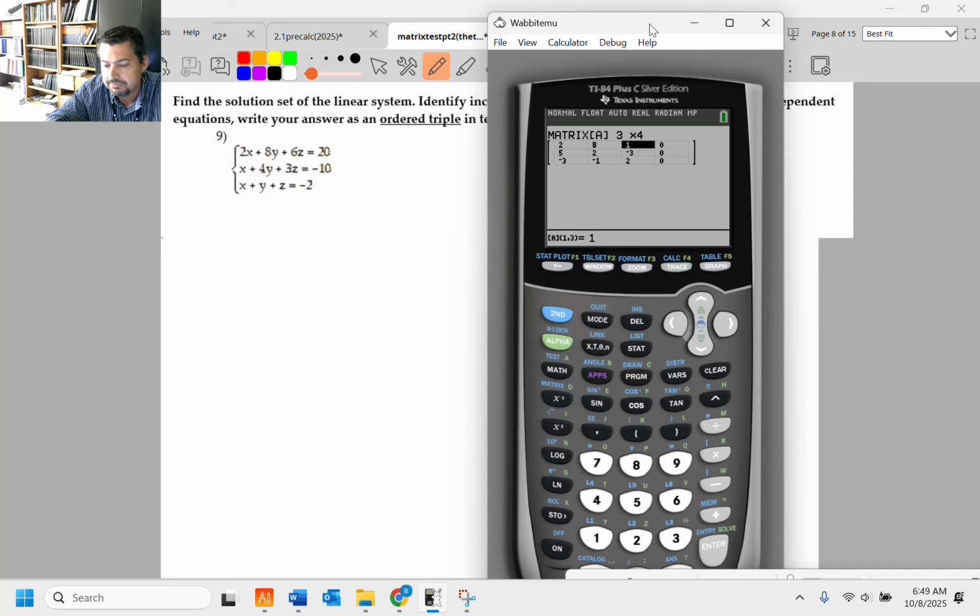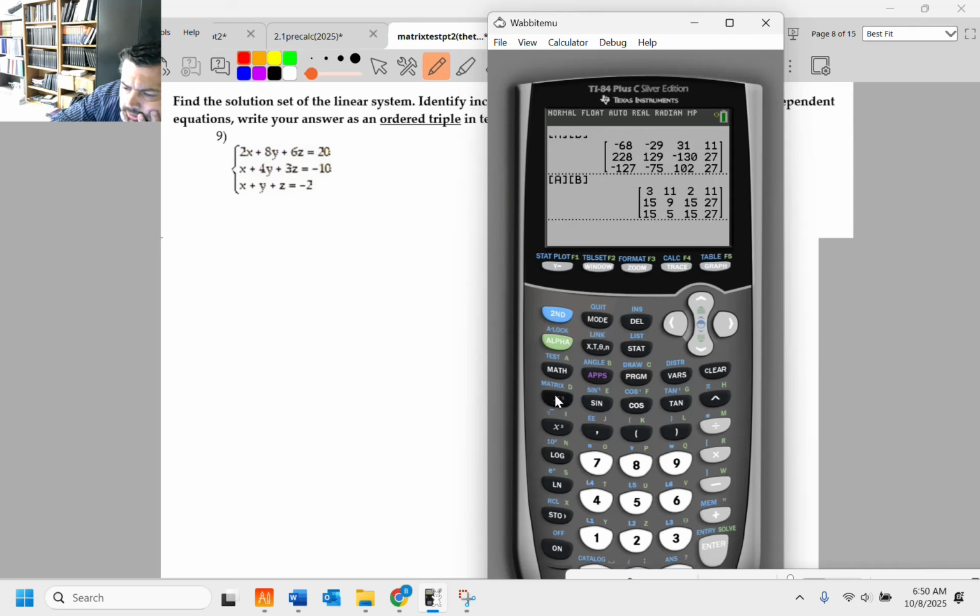Already got a typo. 1, 4, 3, -10. 1, 1, 1, -2. 2, 8, 6, 20. This one I think was an inconsistent system, if my memory serves me right. But I've been up since 4, so who knows about my memory. I got here a little before 6 this morning. So second matrix math, double REF.